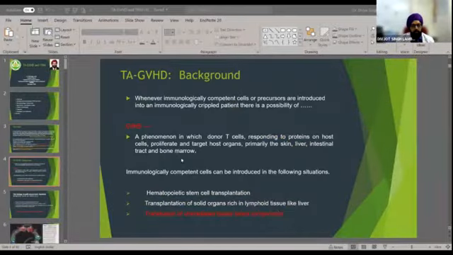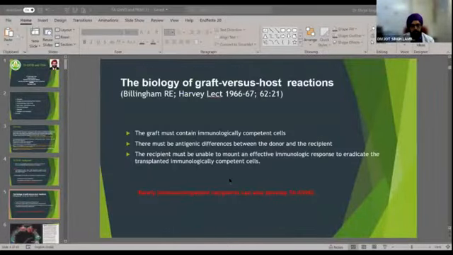So, as a background for understanding GVHD, we'll first understand what graft versus host disease is. It's a phenomenon in which donor T cells respond to proteins on the host cells, proliferate, and target host organs, primarily the skin, liver, intestinal tract, and bone marrow. It can occur in hematopoietic stem cell transplants and also with transfusion of unirradiated blood and blood components.